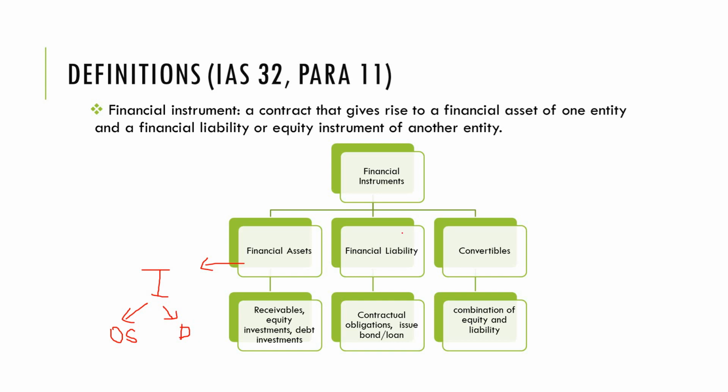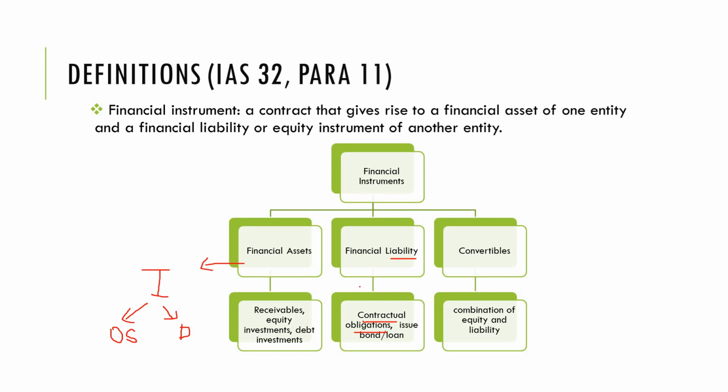The second category of financial instrument is what we call the financial liability. Financial liability relates to contractual obligations. So this is when, let's say, the company needs money. One way to raise funds is by issuing bonds or debentures. So this is one form of financial liability.